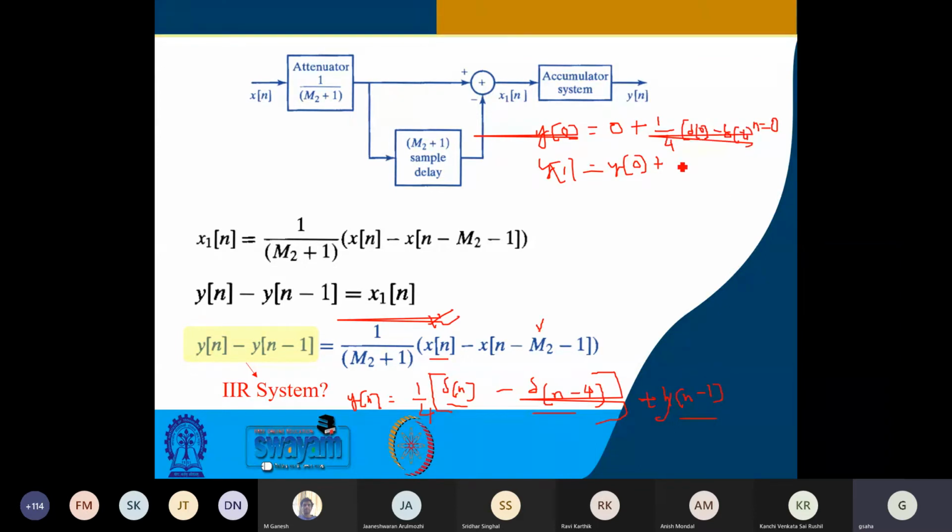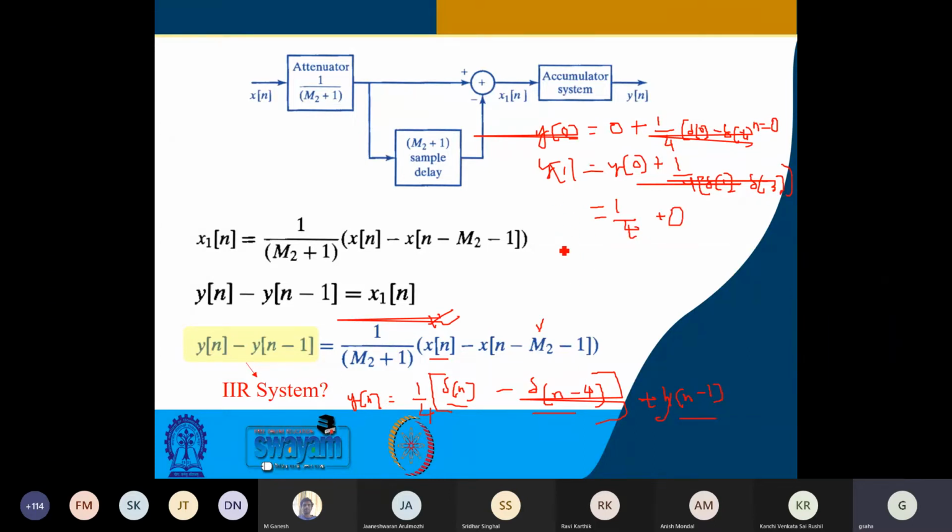So this is 1 upon 4 del 1 minus del minus 3. So this y0 is now only contributing, that is 1 upon 4. And this side is 0 because both of them are 0: del 1 is 0, del minus 3 is 0.